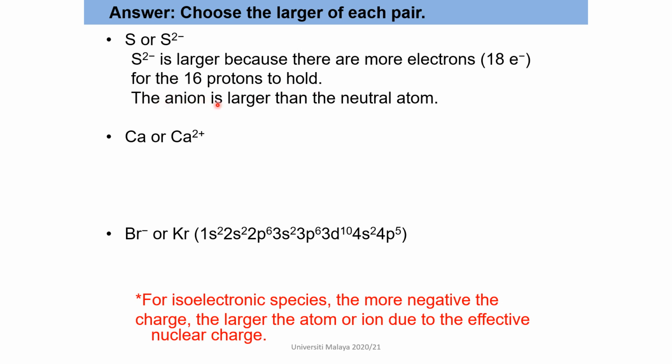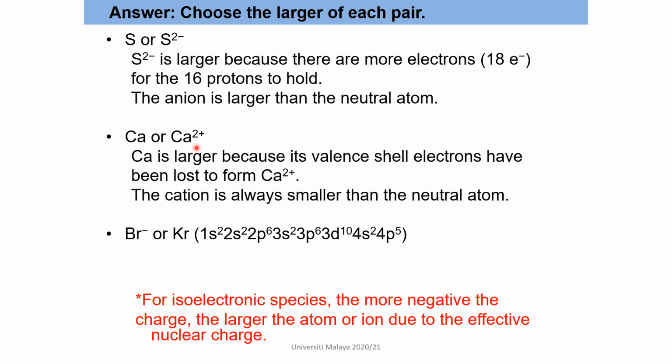That's why the anion is larger than the neutral atom. Comparing calcium and its cation, which has 2 fewer electrons, the calcium atom is larger because its valence shell electrons have been lost to form Ca2+. The cation is always smaller than the neutral atom.